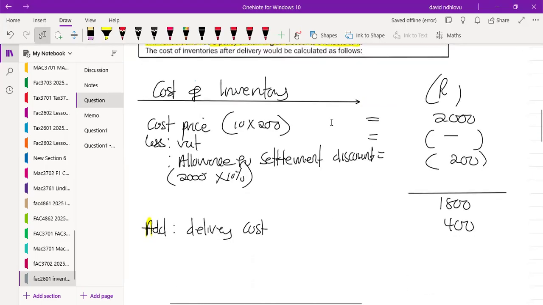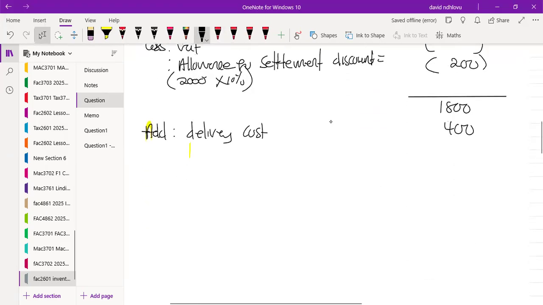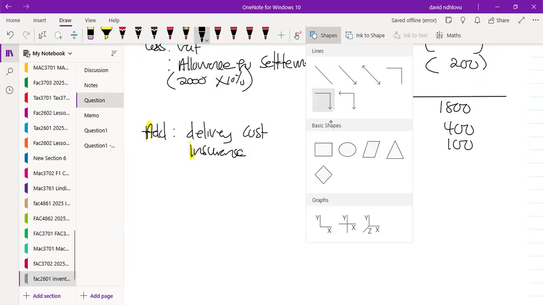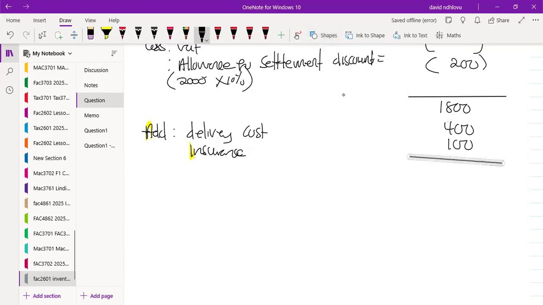So we paid insurance premiums, an amount of 100 rand, which was paid additionally by the entity. Let's see how much our total is going to be. 1,800 plus 400 plus 100 gives you 2,300. So all in all, if the inventory arrives at our premises, this will be the total cost of purchase.